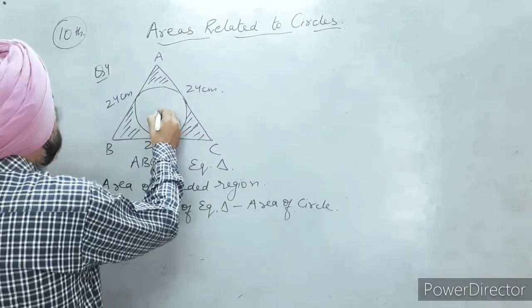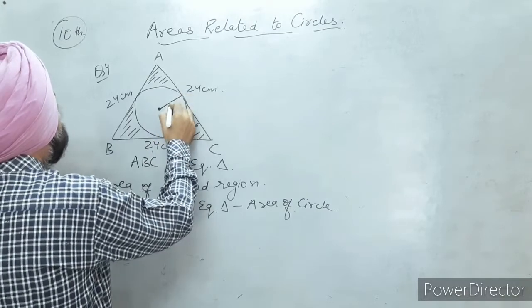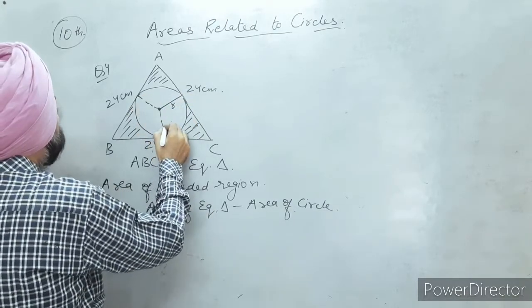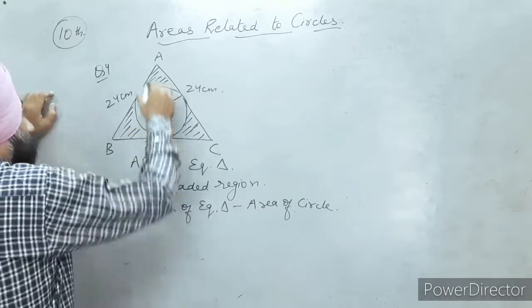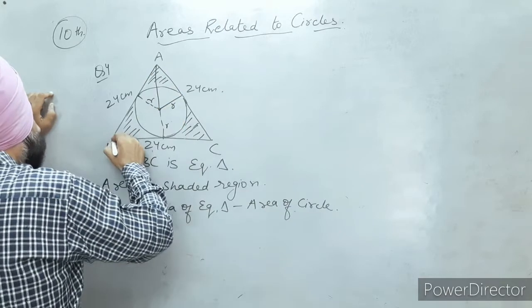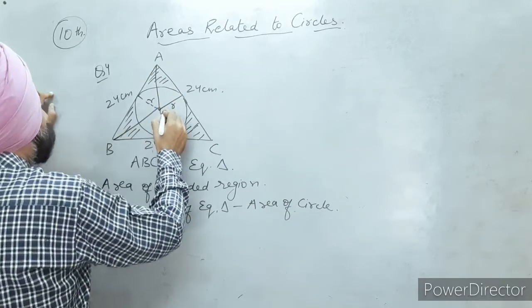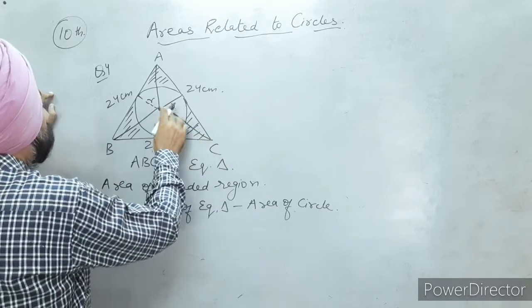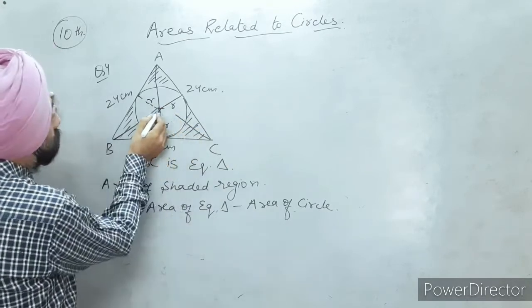Now this is the center O, this is the radius, this is the radius, this is the radius, right? Now just join this with this. Let me draw it properly.